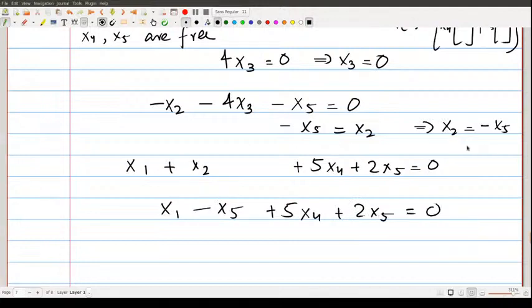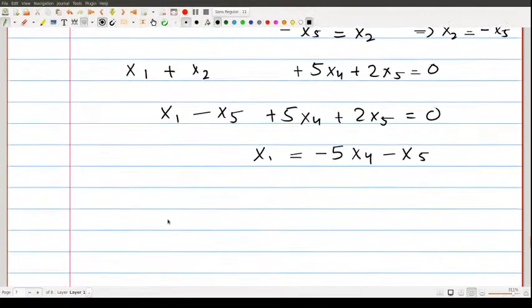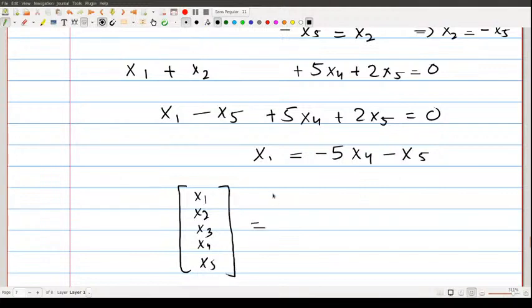What I've done here is replaced x2 by minus x5, and now I can see that x1 is minus 5x4 minus x5.